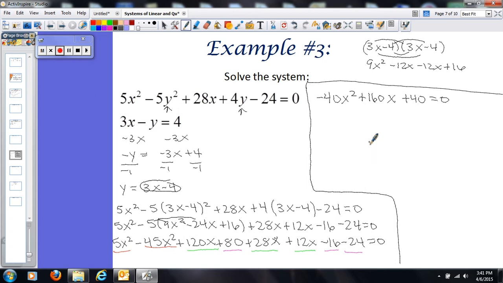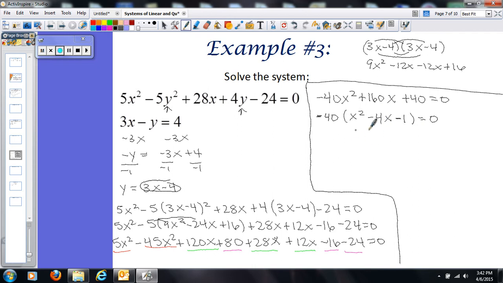We're going to start by looking to see if there is a common factor right off the bat. And there is. It's going to be 40. I'm going to factor out a negative 40. And this will make this x squared minus 4x minus 1 equals 0.